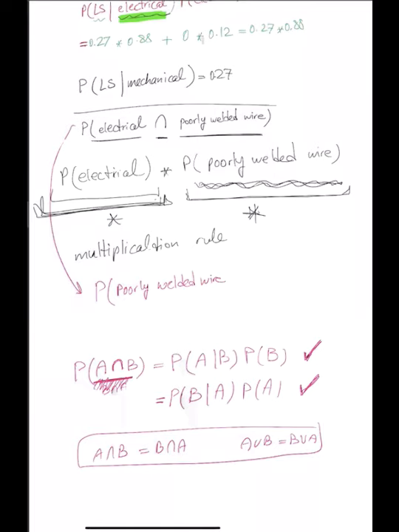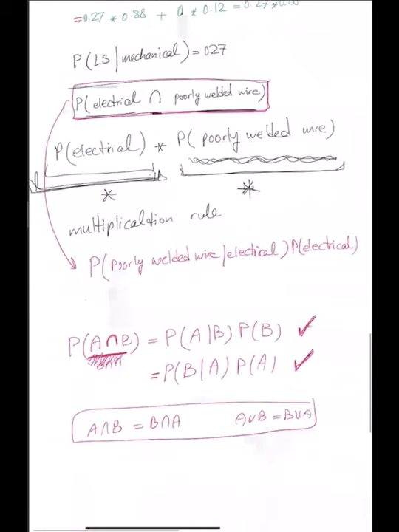So here, tell me two ways I can write this. One of them is probability of poorly welded wire conditioned on electrical, multiplied by probability of electrical. What is the other way?